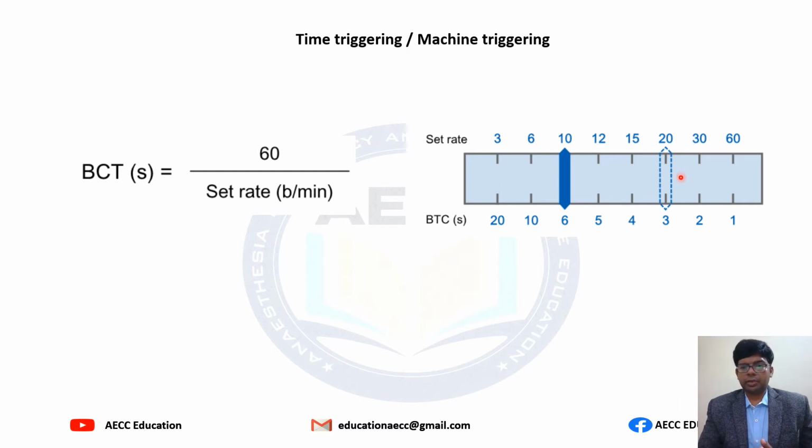Or if you set 20, then the resultant BCT will be 3 seconds. Hence, whenever the defined BCT is over, the ventilator delivers the inspiratory gas. Time triggering is only helpful for the passive patients, not for the active patients.